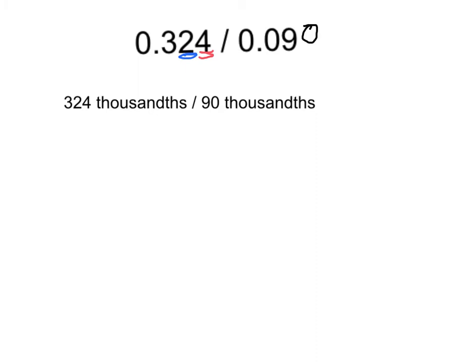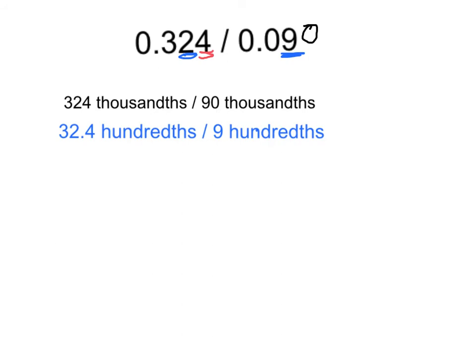So what I actually have here is 32 hundredths, and then these 4 thousandths left over. So the way I would write that in a slightly different form is 32.4 hundredths. And the other number is easy. I have exactly 9 hundredths. So let's add that in.